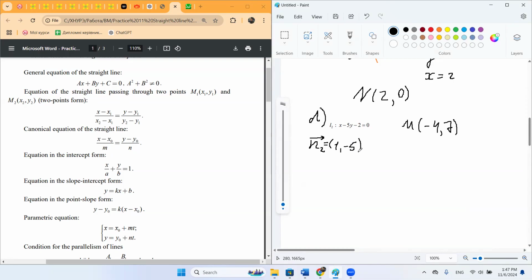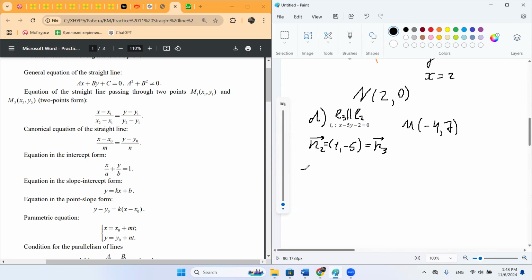And what can we say about L3? We know that it is parallel to L2. So their normal vectors are proportional, but they also can be the same. So we can use n2 as n3 as well, as the normal vector for L3, with the proportion equal to 1. That is enough for us. We know the normal vector and we know the point that it passes through.